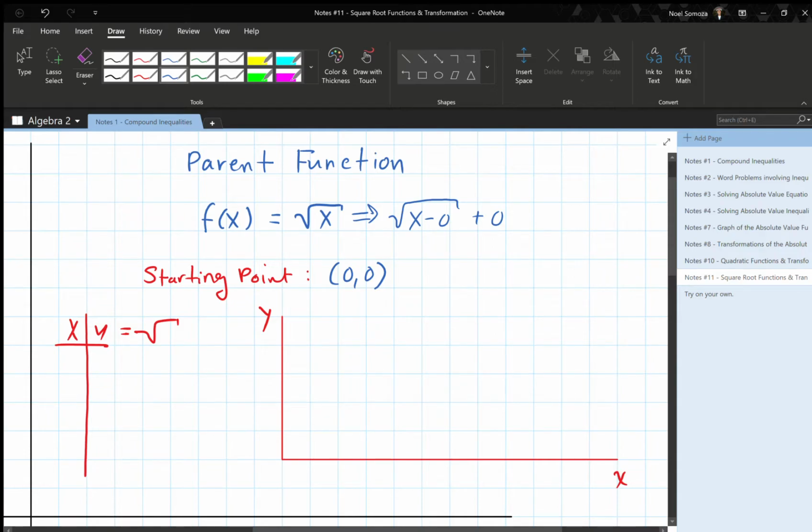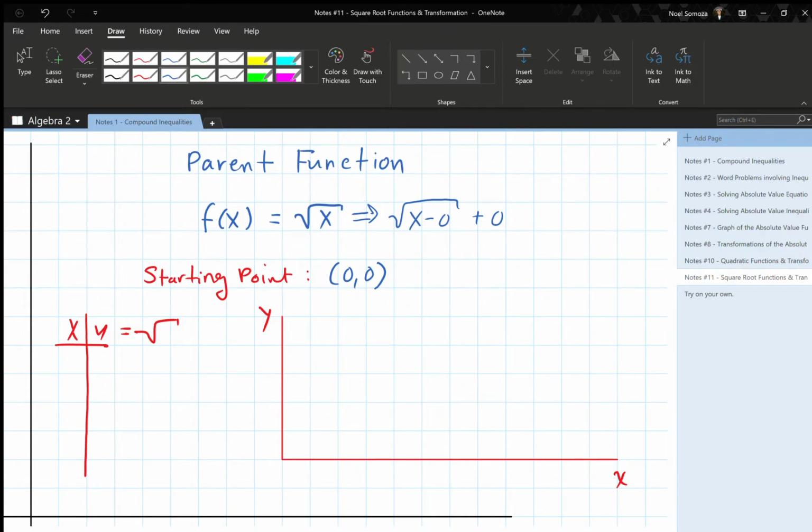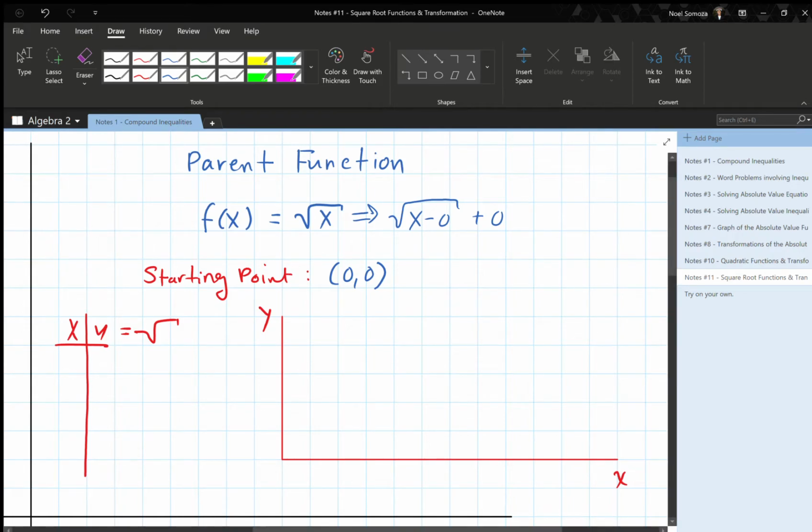So my starting point now is the first point that you'll use when you're drawing your table. The big difference was before when we had a vertex, we put the vertex point in the middle of the table. Now with the starting point, you want that to be your first one. Okay, so make a little note over here, call it SP, your starting point, and that'll be the first point on your table, so 0, 0.